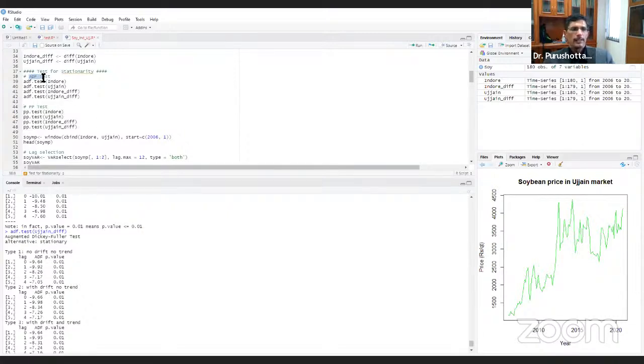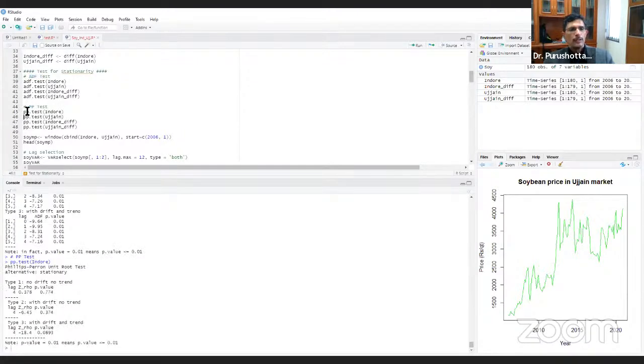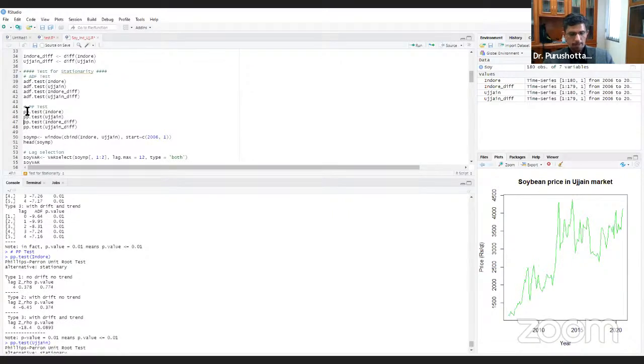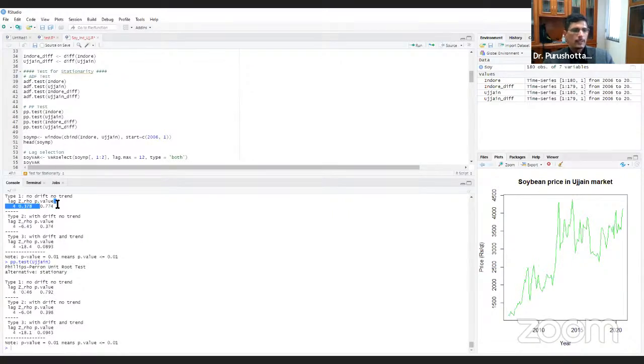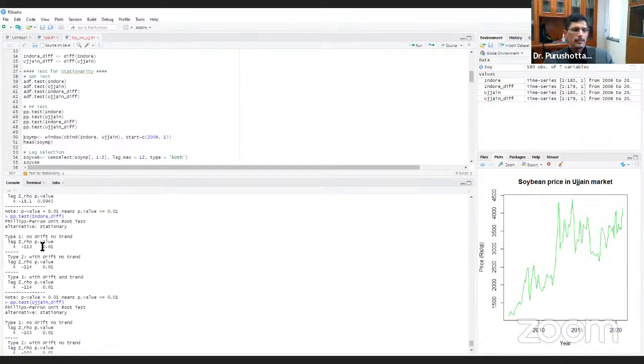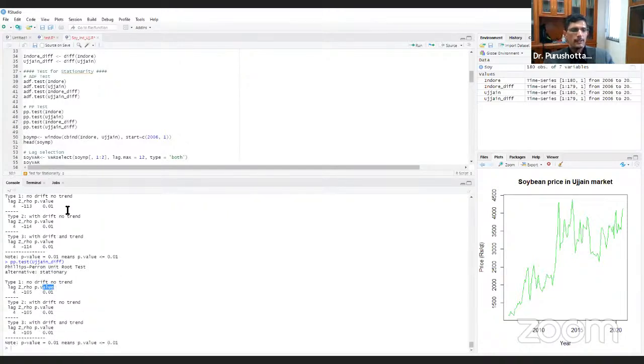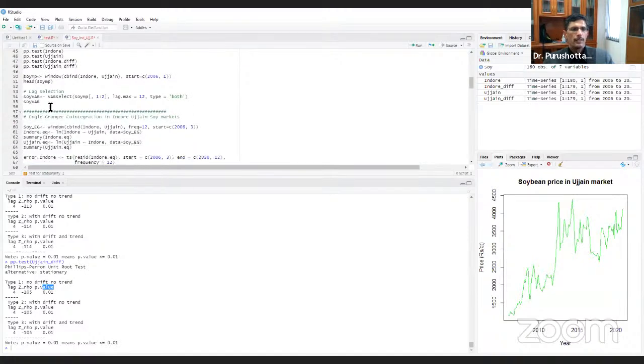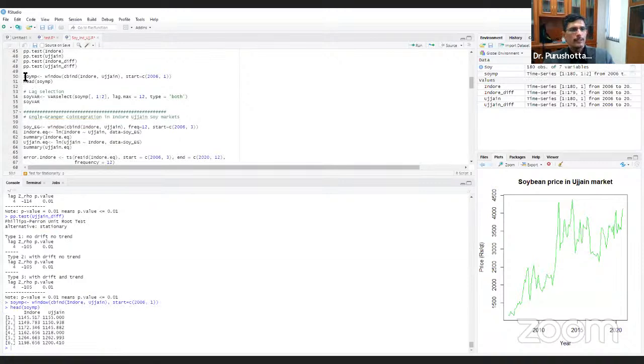That was the ADF test. We will go for the Phillips-Perron test also. So the Phillips-Perron test for Indore and Ujjain, again, says non-stationary at levels, while stationary at difference. So both the tests confirm that the series are I(1). Okay, so we are going to combine these Indore and Ujjain in one data set.